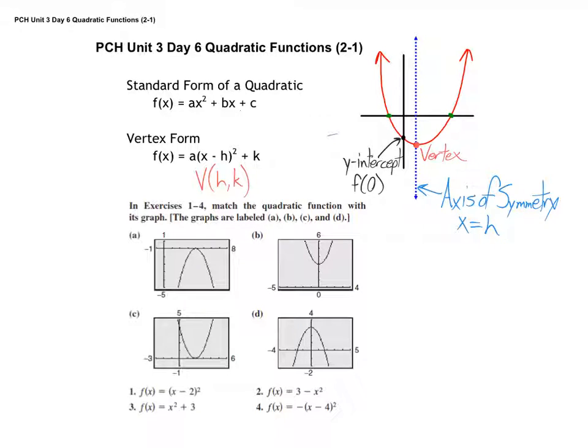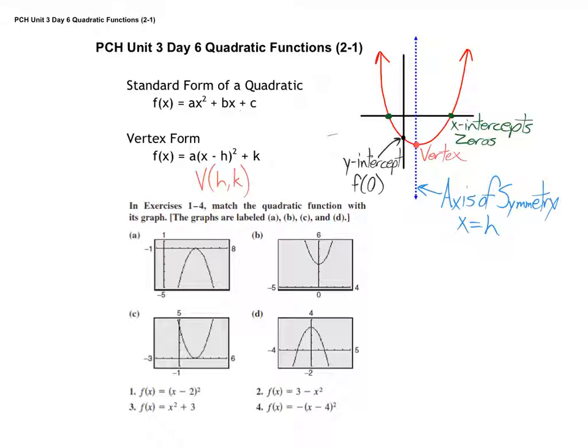And then we had these green points here. And you're right, we can't call those x-intercepts. What's another term for those? Zeros. Yes, those are called zeros. And why are they called zeros?